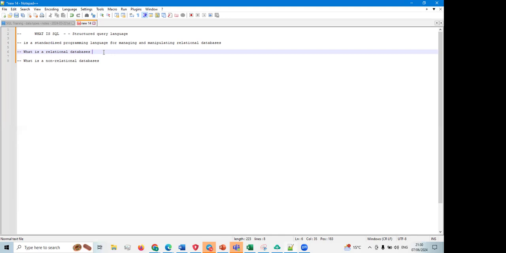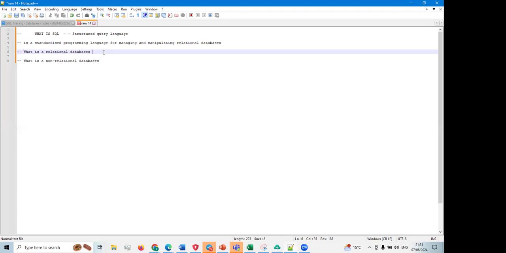So a relational database simply is a database that can be put into rows and columns to form a schema of rows and columns. That is what is called a relational database. Now, if you have something like pictures and videos, those things cannot be put in rows and columns, so they don't form a relational database. Those are non-relational databases.